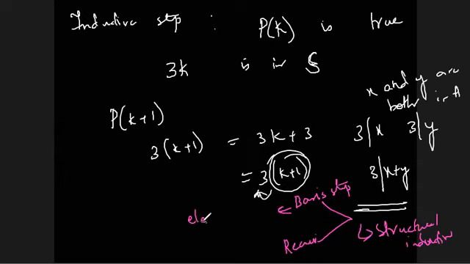While for the recursive step, we will show that if the statement is true for each of the elements used to construct new elements in the recursive step, then the result will be true for the new elements also. So basically, in the recursive step, we will check for the new elements. If the new elements give you the result that it is true for the equation, then obviously your recursive step will also hold.